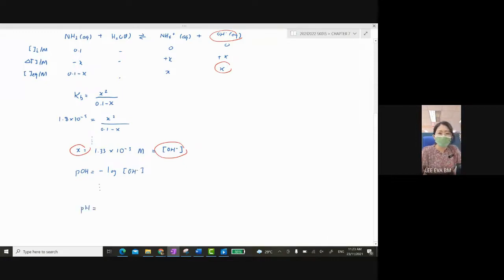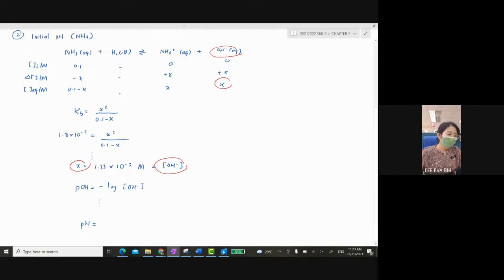Let me know what is the pH value in this question. 11.12 for the pH. Do the rest of you agree? Don't just wait for the answer. When you have time, press your calculator and check 11.12.